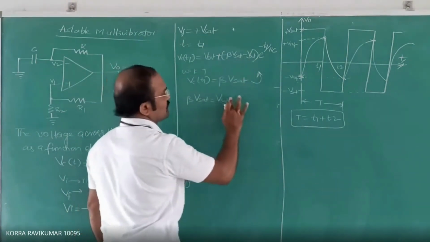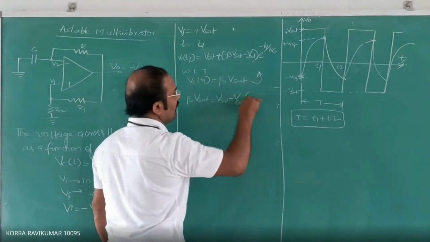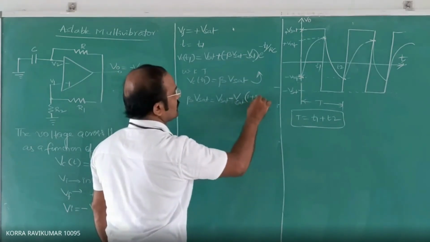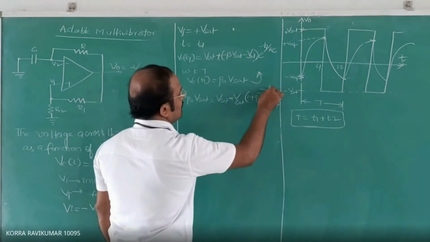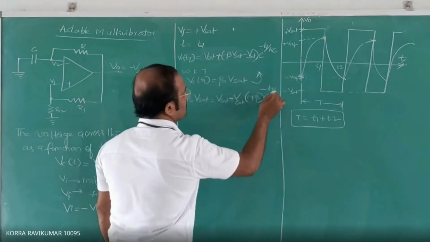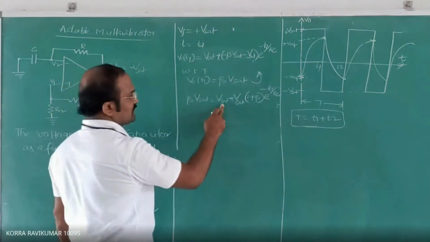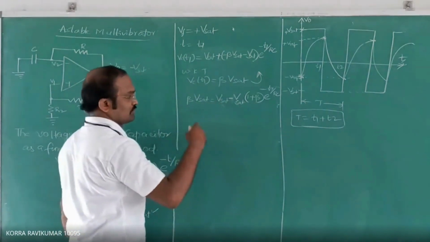Take minus V sat as common here. Minus V saturation of beta plus 1 means 1 plus beta into e power minus T1 by RC. Send this V sat to the LHS side and manipulate, just minimizing it.